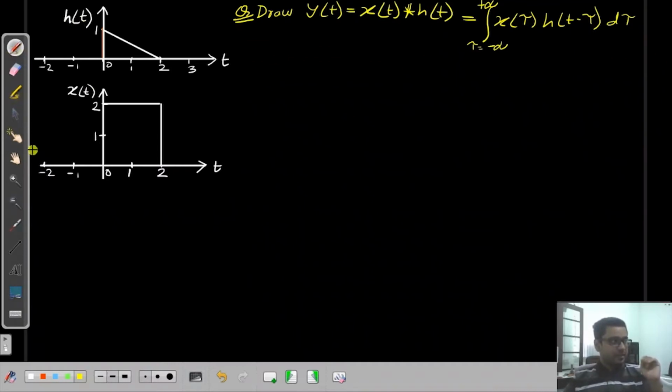For that, let me just erase this t and put tau here as well. h of tau, here x of tau. So now x and h are drawn as a function of tau, not t. Okay, so we need x(tau), which is here, and we need h(t minus tau), which we shall find.